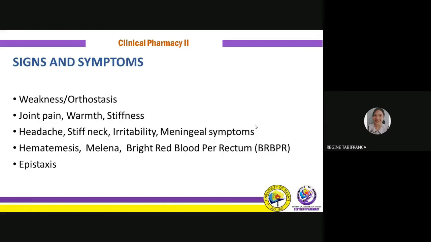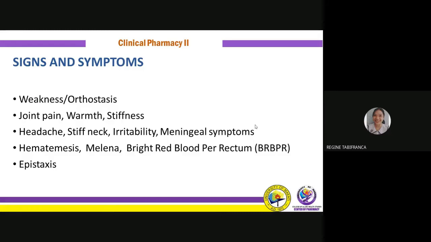The signs and symptoms are weakness, orthostasis, which is a drop in blood pressure, joint pain, warmth, stiffness, and headache, stiff neck, irritability, meningeal symptoms like high fever, sensitivity to light, and seizure.